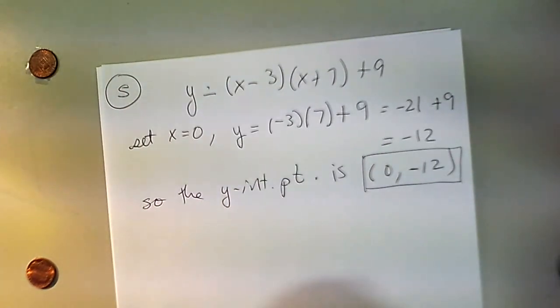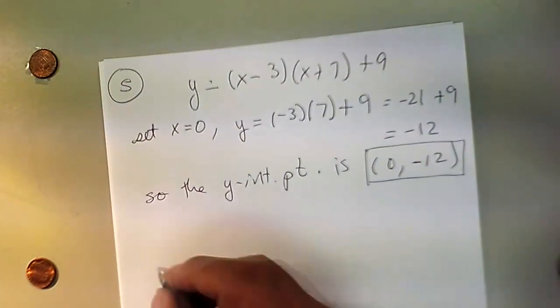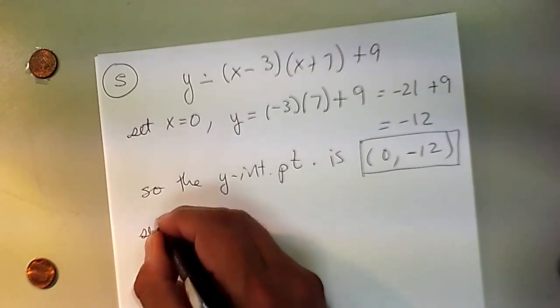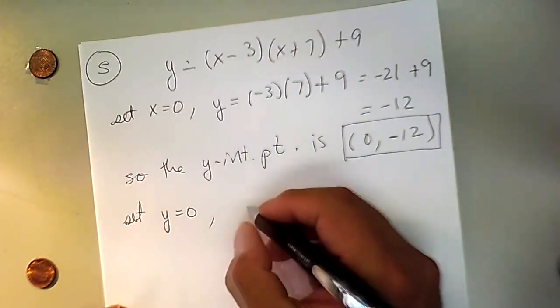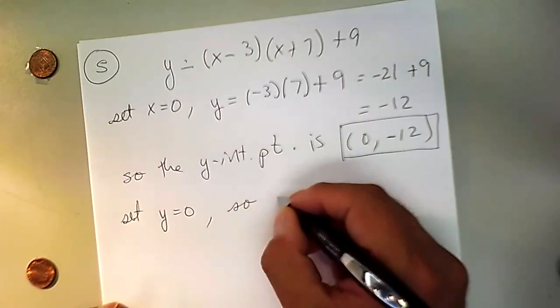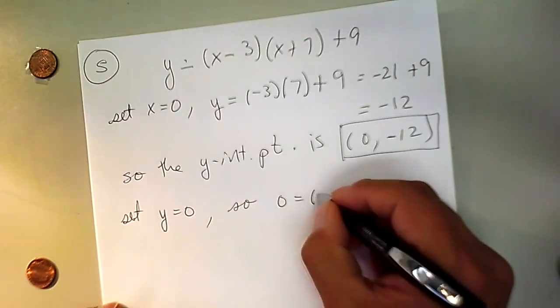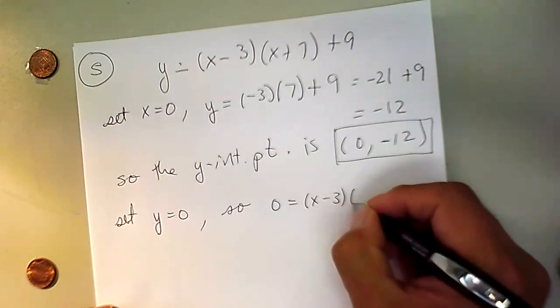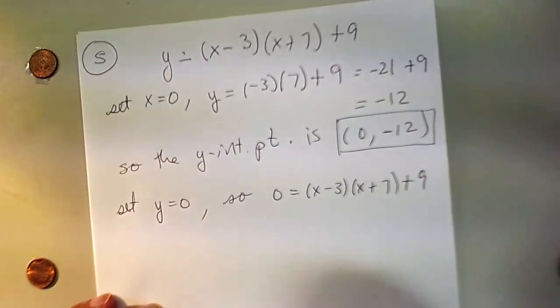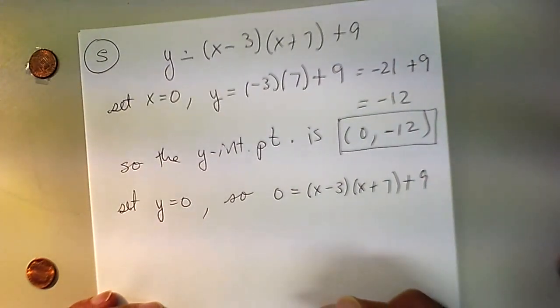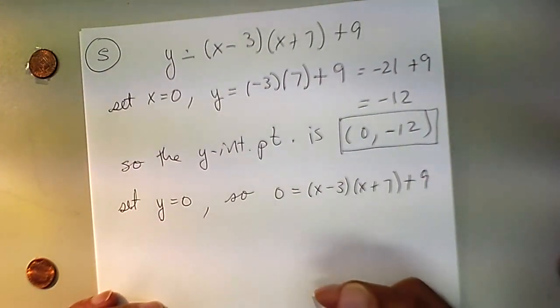Okay. How about the x-intercept point or points? We set y to be 0. So 0 is equal to (x minus 3)(x plus 7) plus 9. We can move the 9 over. Can we? Not really.